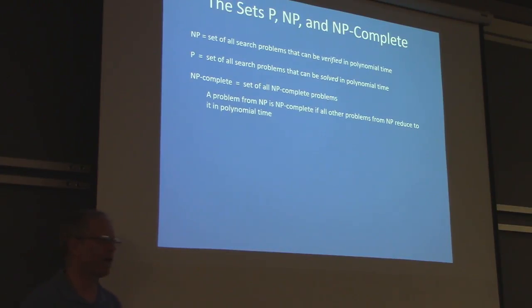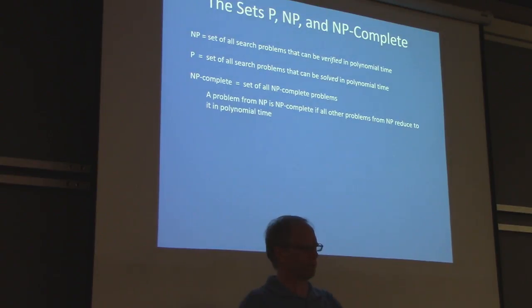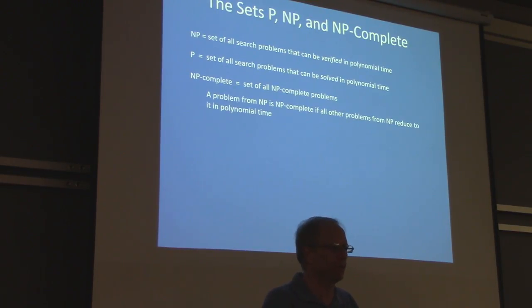So what does that imply about NP complete problems? NP problems are search problems. You pick any search problem and you could solve it quickly if you had a polynomial time algorithm for an NP complete problem.